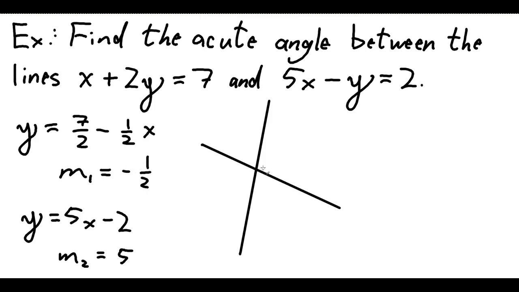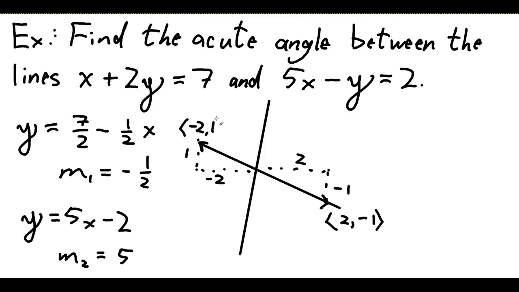So we can interpret this as either meaning that we go right 2 units and down 1 unit, or that we go left 2 units and up 1 unit. Either of those would give us this slope we're looking for. So in this direction, we could draw a vector with components 2, negative 1. And in this direction, a vector with components negative 2, 1.